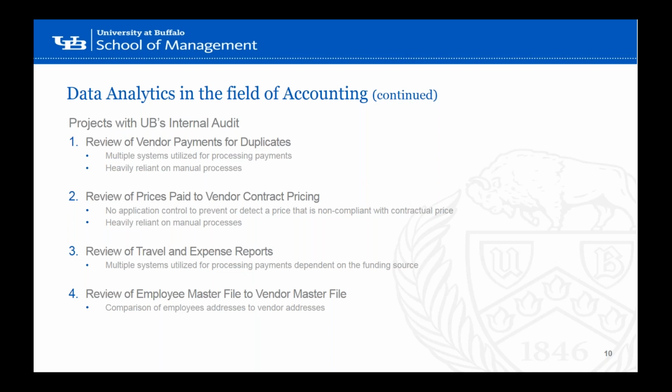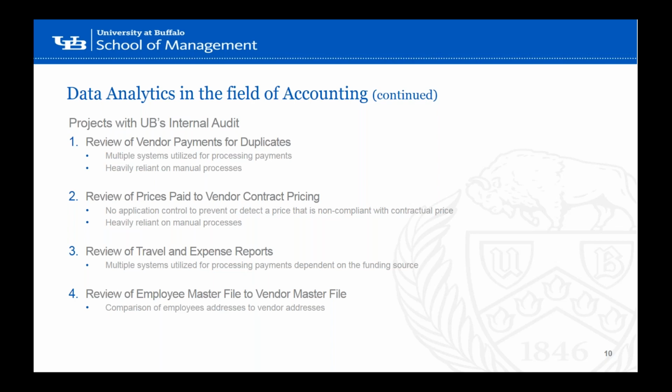The first one is vendor payments for duplicates. Why this became a top priority project for my class is that, while every organization has a different structure, here at UB we have different systems that support different entities. We have UB, which is part of the state system. We also have the Research Foundation, which is a separate entity, and we also have UB Foundation.